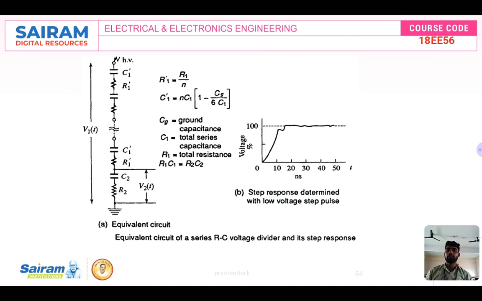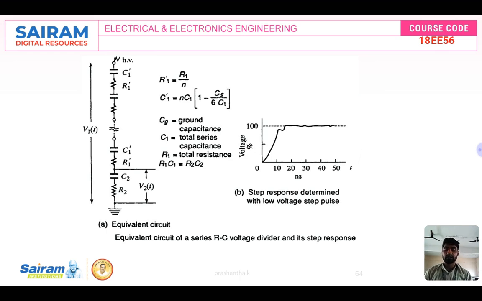Finally, we get the equation for the equivalent circuit of the capacitance RC voltage divider step response, like this. C1 dash is equal to N C1 into (1 minus CG divided by 6 C1), and R1 dash is R1 by N. CG is the ground capacitance. C1 is the total series capacitance.